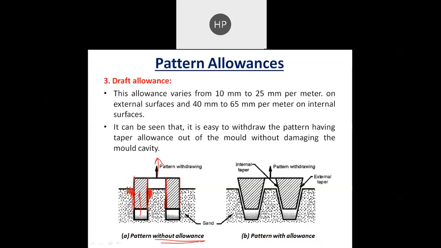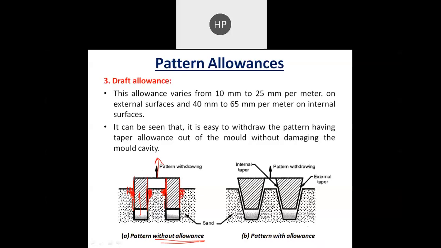So the hollow cavity that you are getting is not exact because of the damage to the sand in this particular portion. You are not getting the exact shape over here, and your sand will be damaged, so your shape will be different.